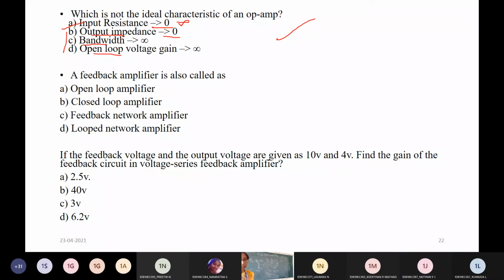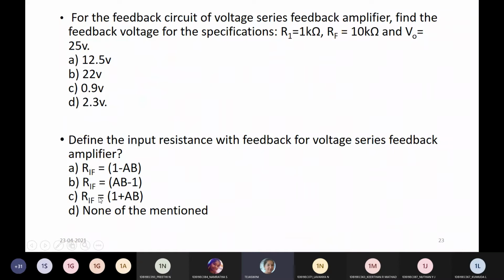A feedback amplifier is also called a closed loop amplifier. Next. What is the gain? Here they have given V0 and Vf. They are asking for B, the gain of the feedback circuit. What is the formula for B? VF by V naught. So 10 by 4, you will get 2.5. Similarly, do it for this.